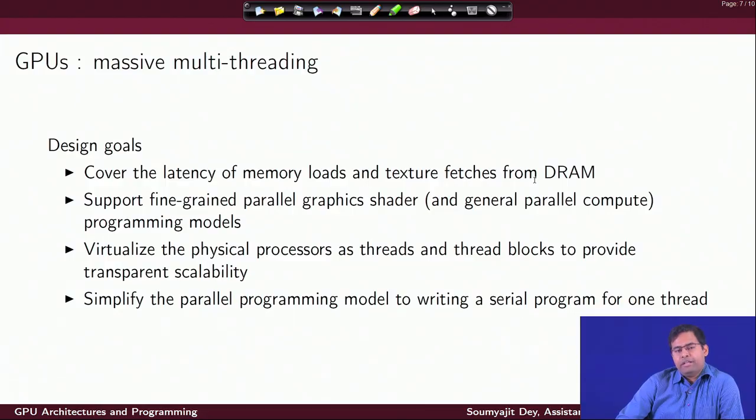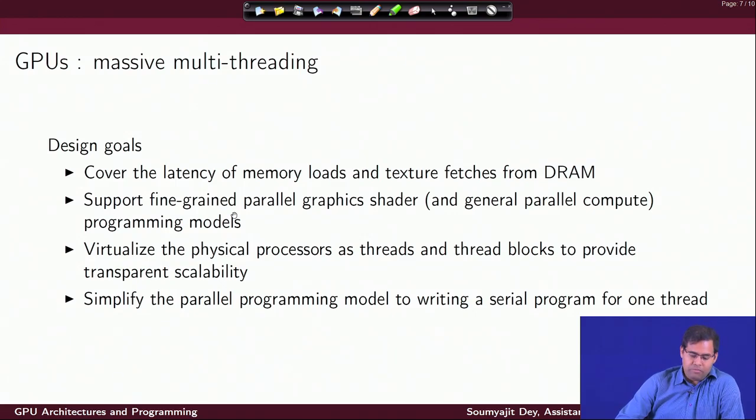In order to activate the graphics pipeline very frequently, you would like to fetch this data from the DRAM with as high a frequency as possible, or you have to fetch in a large width. That means, in each transaction you fetch a lot of data points and work on them in parallel, and that is how you can cover the latency of memory loads. This is what it means by covering the latency.